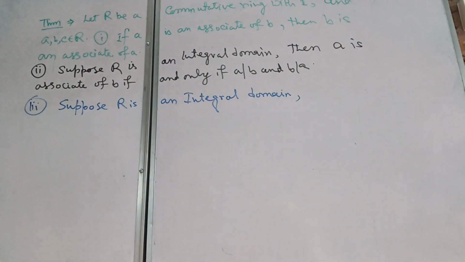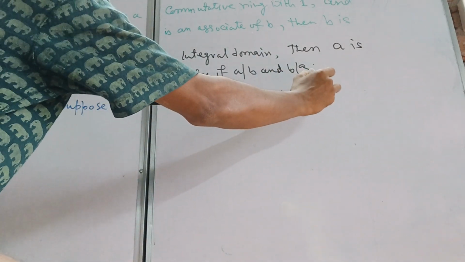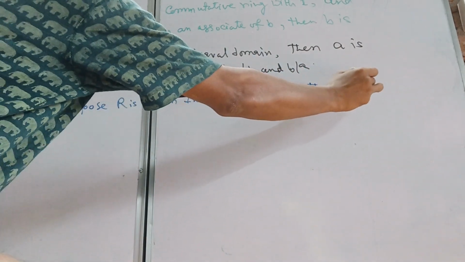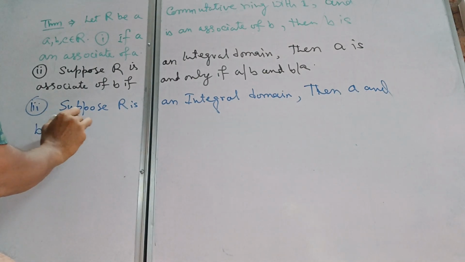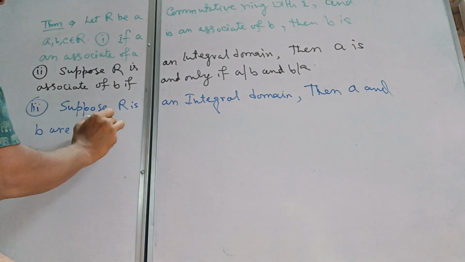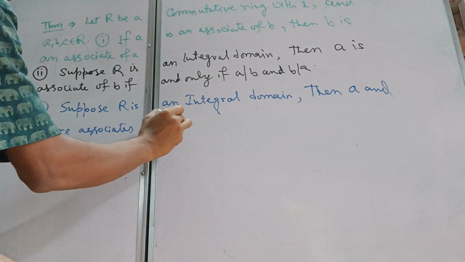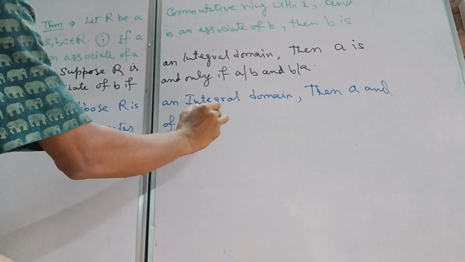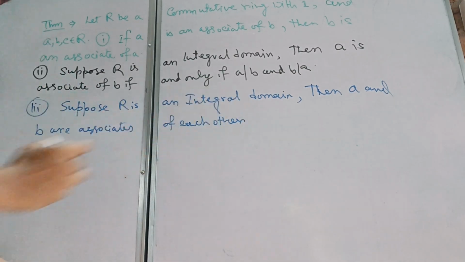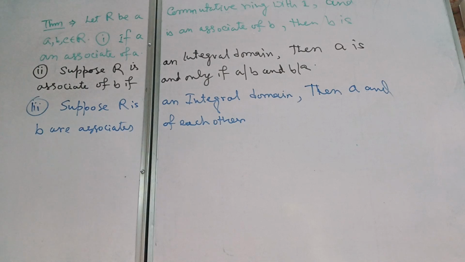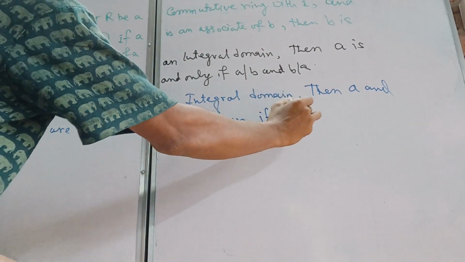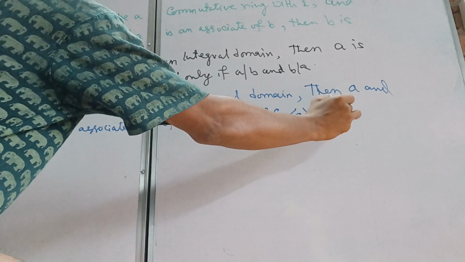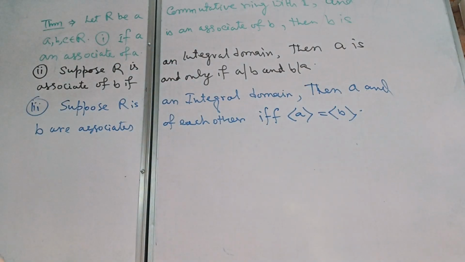Then A and B are associates of each other if and only if the generated set of A equals the generated set of B.